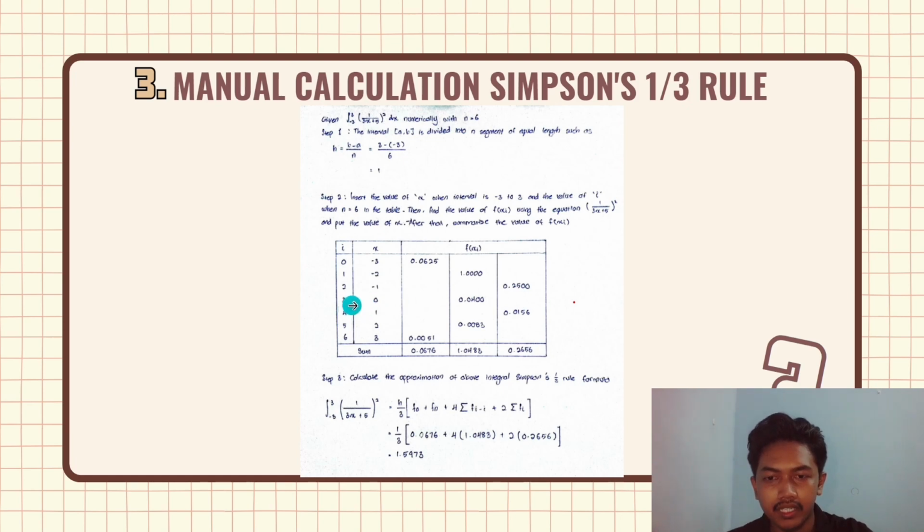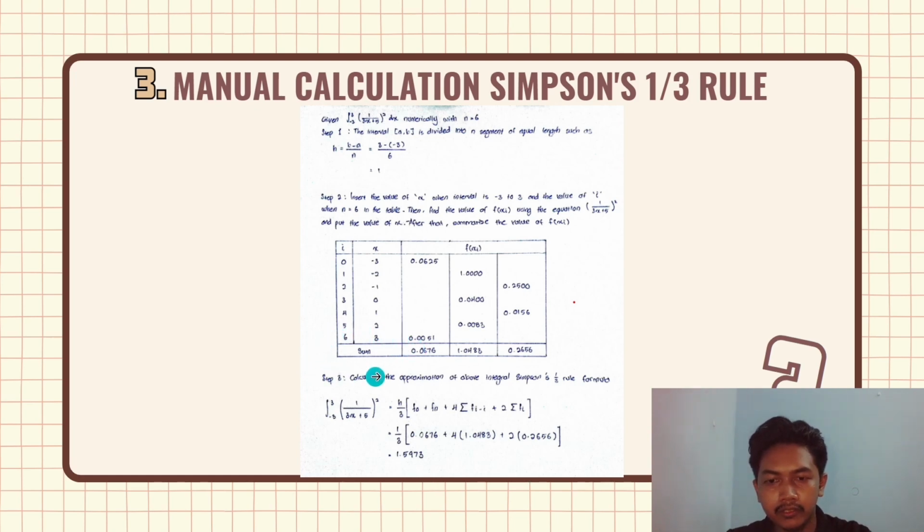For i3, x equals to 0 and fx equals to 0.04. For i4, x is 1 and fx is 0.0156. For i5, x is 2 and fx equals to 0.0083. And lastly, for i6, we got x equals to 3 and fx equals to 0.0051.